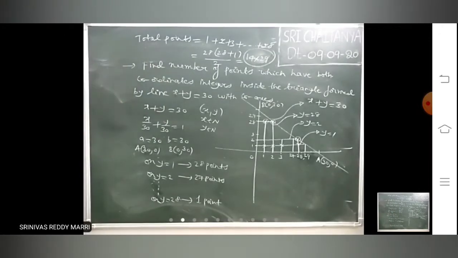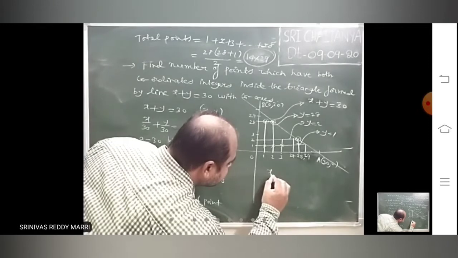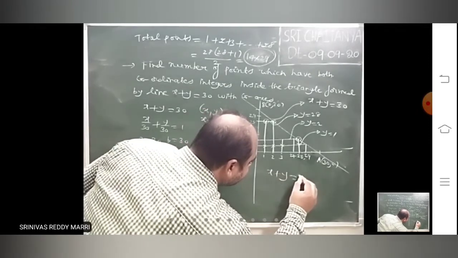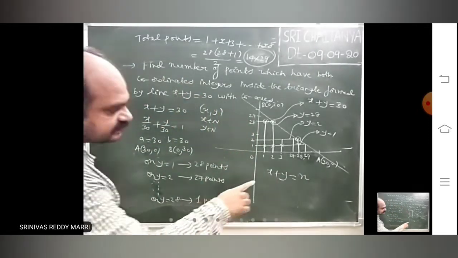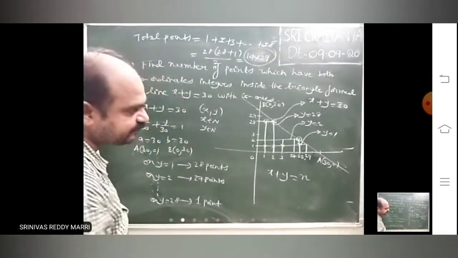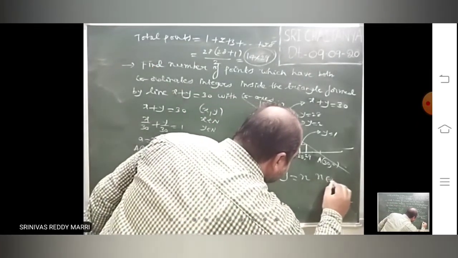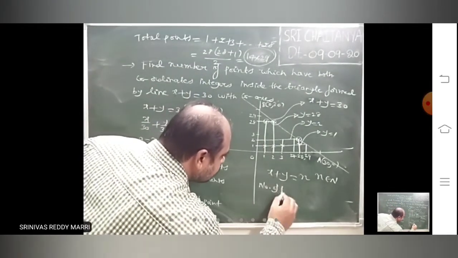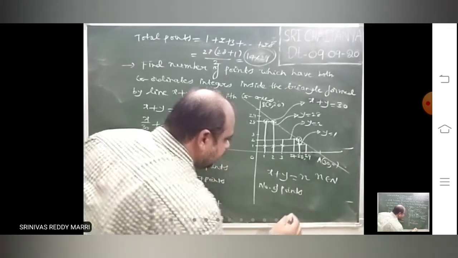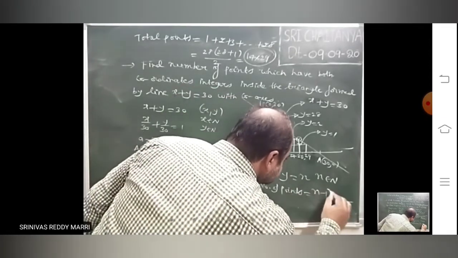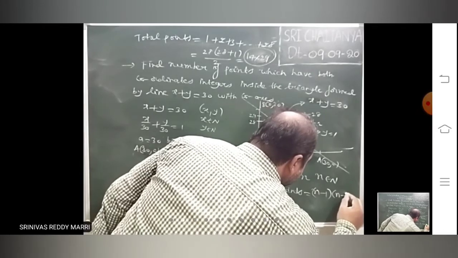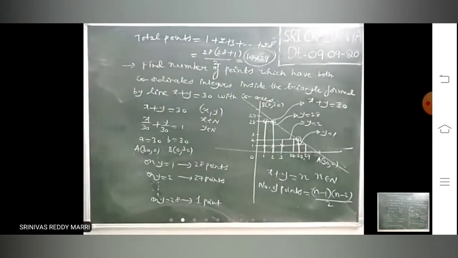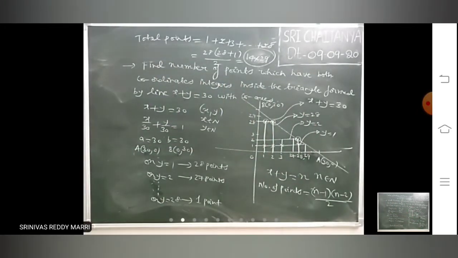Strictly inside the triangle, if you want to remember a formula, remember this one. Suppose the given equation of line is x plus y equal to n, where n is a natural number. Then the number of points is n minus 1 into n minus 2 by 2.